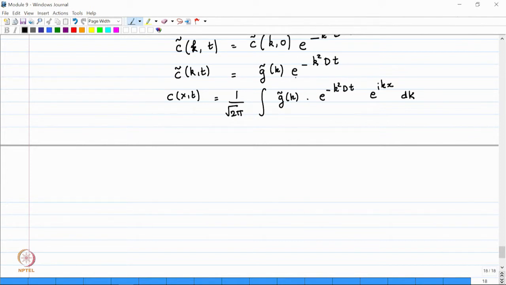So, we are going to use the convolution theorem, but first let us find the inverse Fourier transform of e to the minus k² d t. For this we can use our result for the Gaussian. This is e to the minus d t times k², a Gaussian, and we know the Fourier transform of a Gaussian.